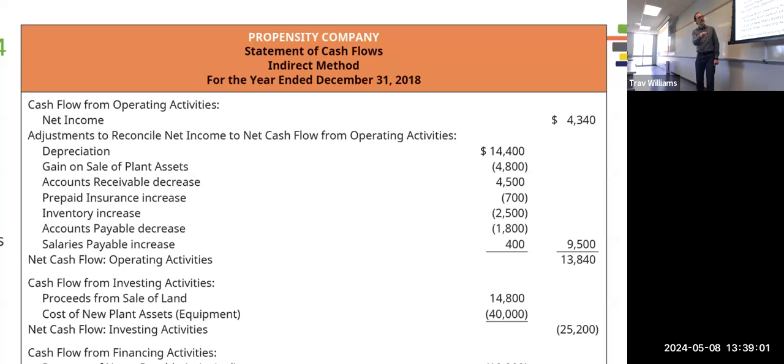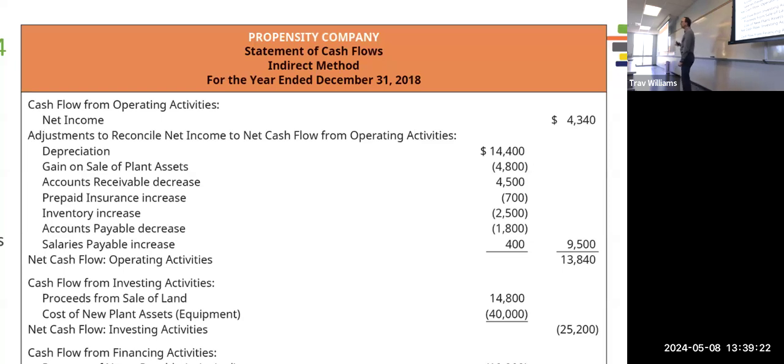Inventory is going up, cash goes down. Then we get to our short-term liabilities. Remember that those move in the same direction as cash. So here we have accounts payable going down, cash goes down, salaries payable going up, cash goes up.